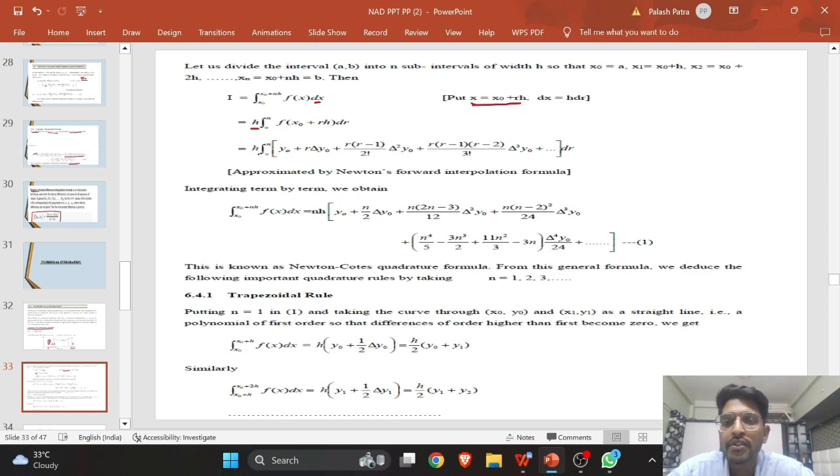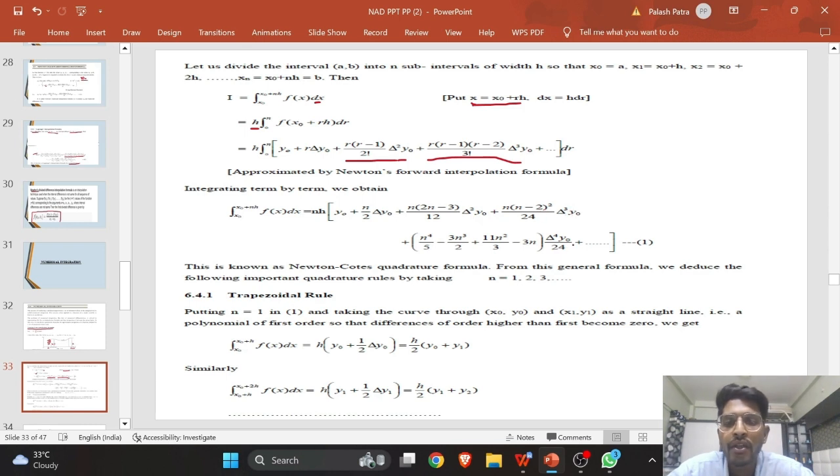It gives us the result h times the integral from 0 to n of [y0 + r delta y0 + r(r-1)/2! delta square y0 + r(r-1)(r-2)/3! delta cube y0 and so on] dr. On integration, we get nh multiplied by [y0 + n/2 delta y0 + n(2n-3)/12 delta square y0 + n(n-2) whole squared/24 delta cube y0 and so on].